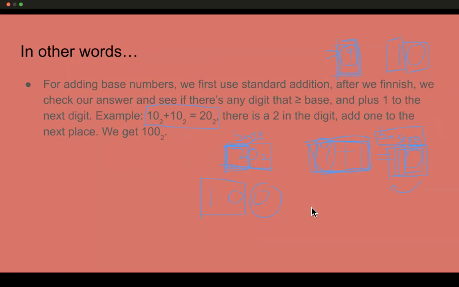Isn't that just really cool? It's really cool, right? Because 10 plus 10 equals 100. When I first learned that, I was really, really amazed. And it's really interesting. So did you guys all understand what I said?